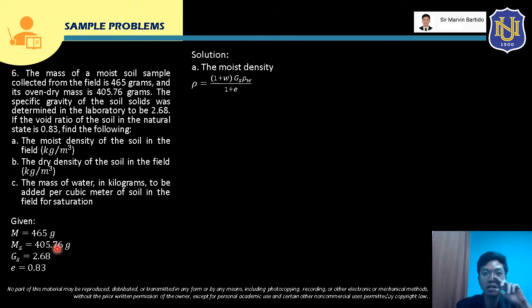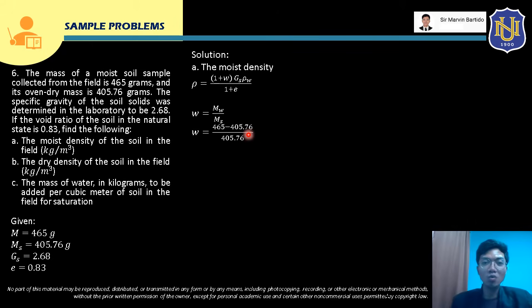So kung isosolve natin yung water content, ito yun: mass ng water over mass ng soil solid. So yung mass ng water ay total mass, which is 465, minus mass ng soil solid, which is 405.76, over yung mass ng soil solid, which is 405.76. So yung water content ay 0.146.